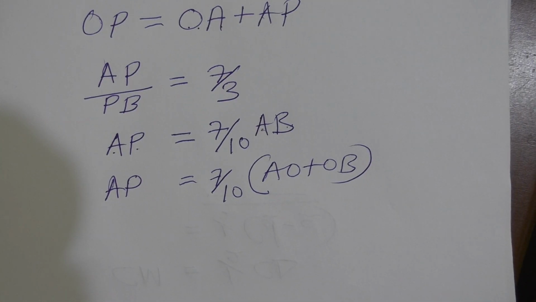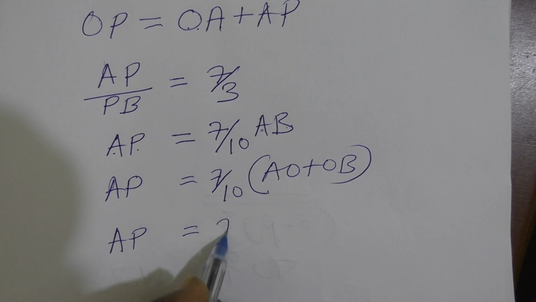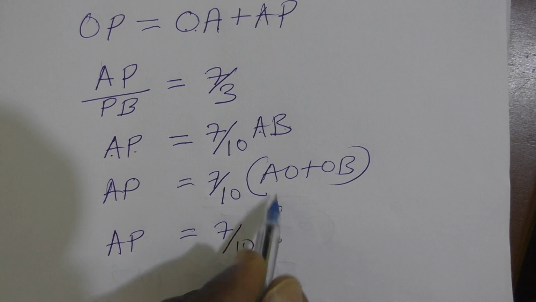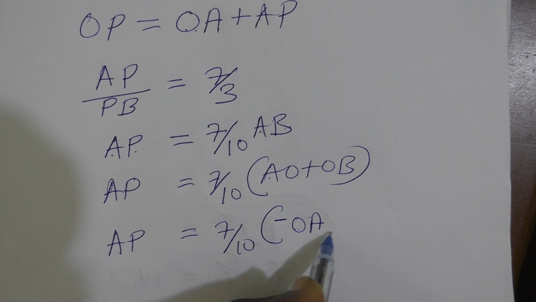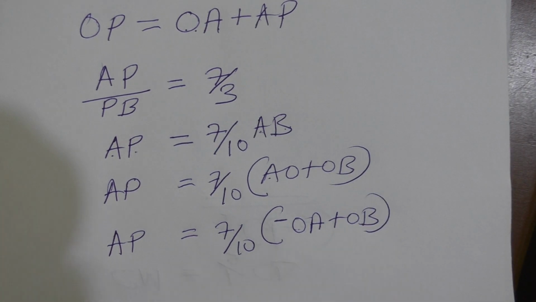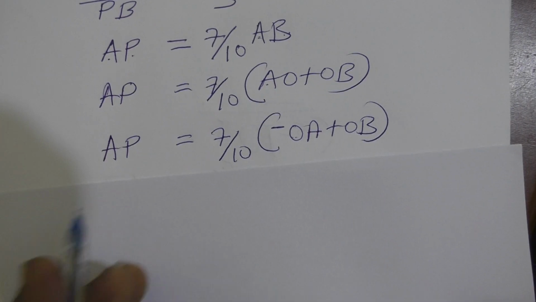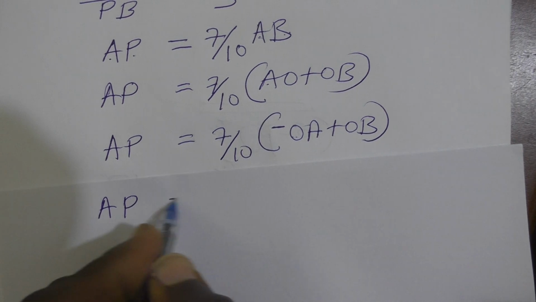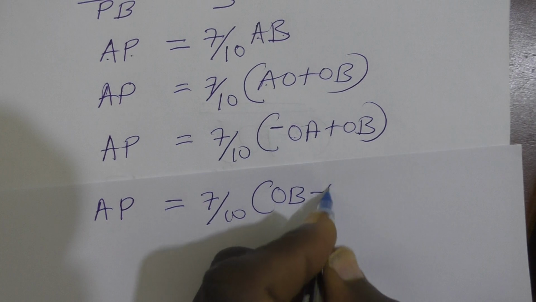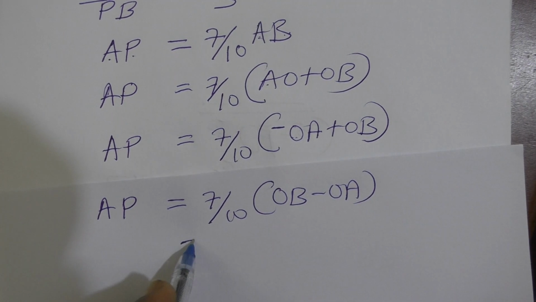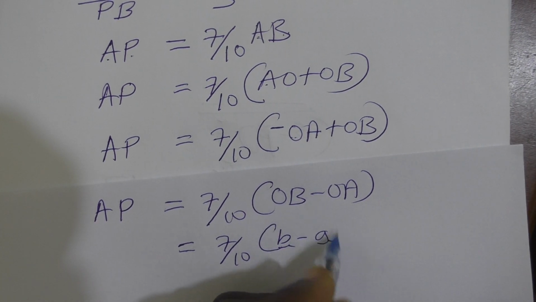And this gives me AP as 7 over 10 of AO, which is negative OA because it is originally OA plus OB, which is arranged as the AP equaling to 7 over 10 of OB minus OA. And therefore, this is 7 over 10 of B minus A.